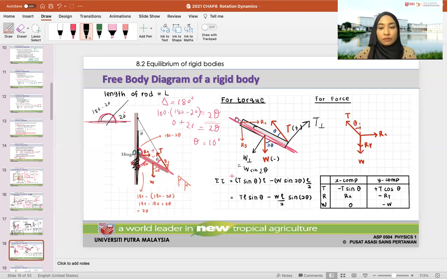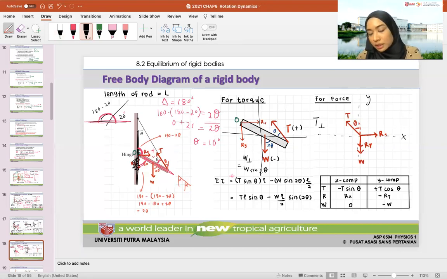However, when we're talking about forces, we want to use the actual x-axis and the actual y-axis. So in this case, the actual one is not following the beam, but it follows the actual y and x-axis.